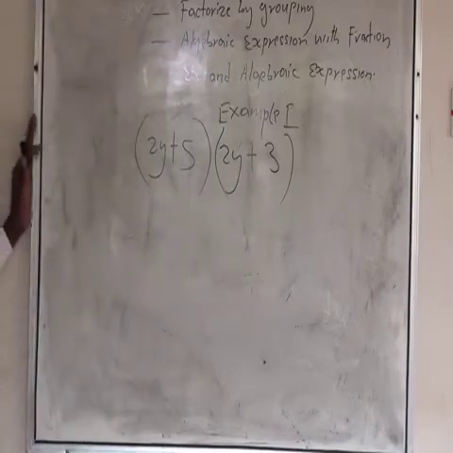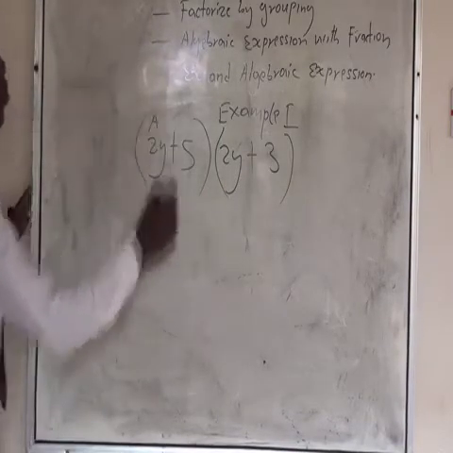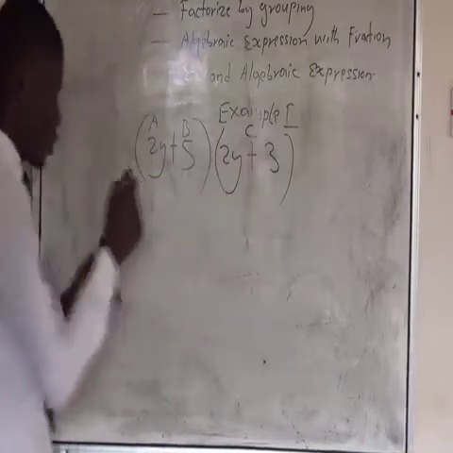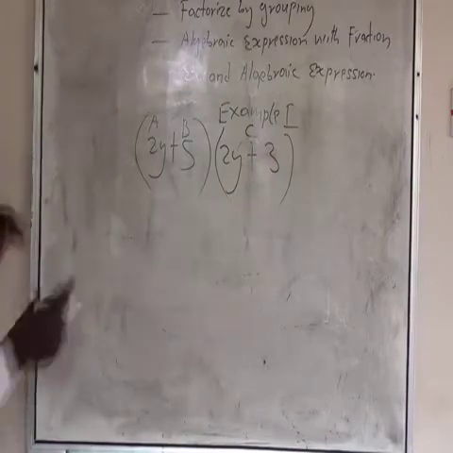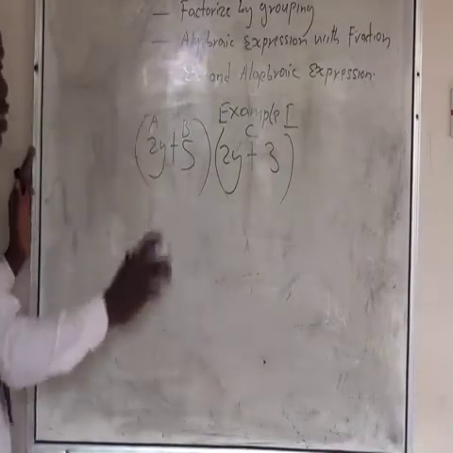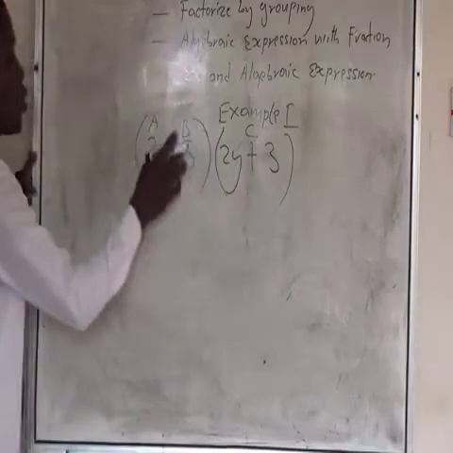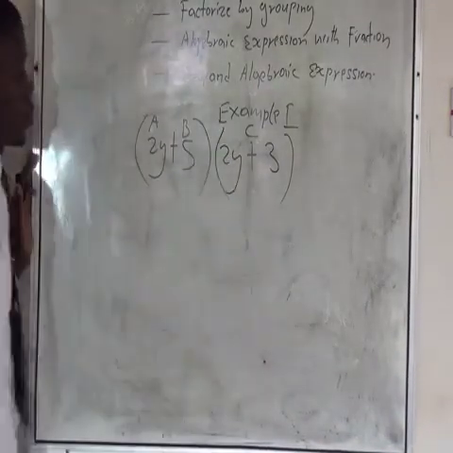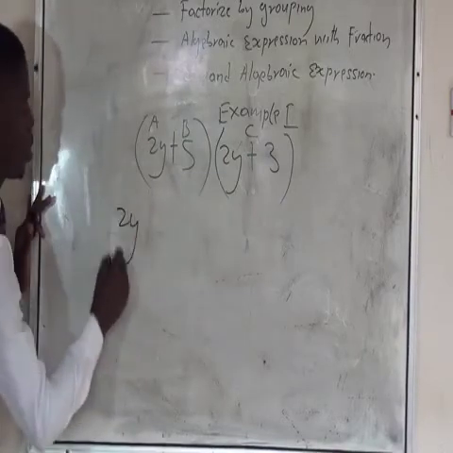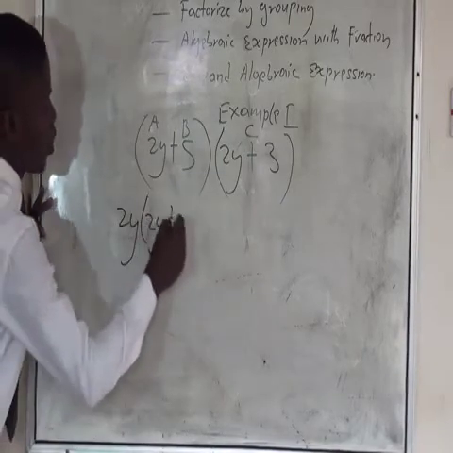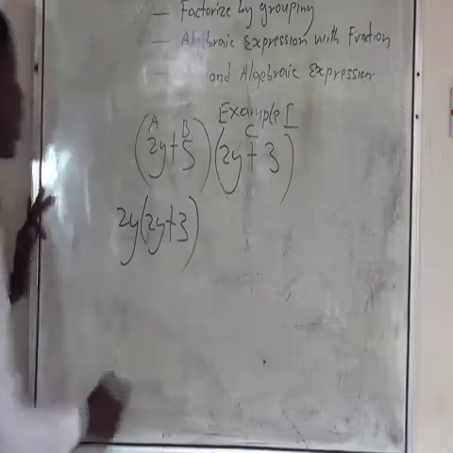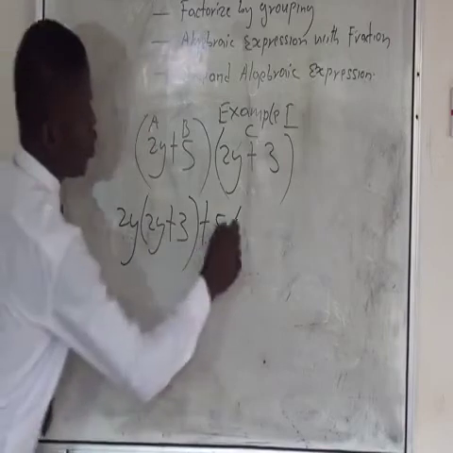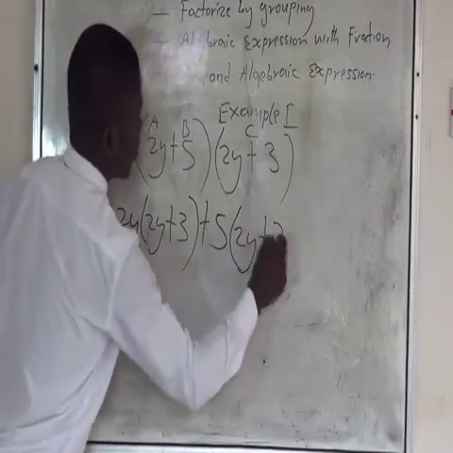Let's start. Call this group A, call this group B, call this group C. What we are going to do now is use group A to multiply group C. We also use group B to multiply group C. Let's start. 2y bracket 2y plus 3 bracket close, plus 5 bracket 2y plus 3.